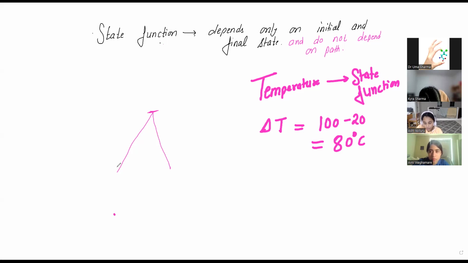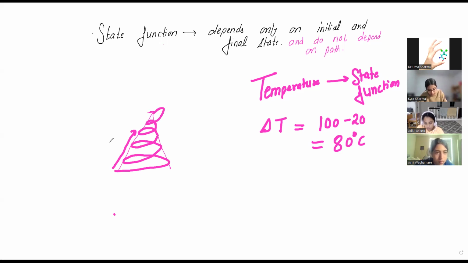One, you start climbing like this. Second, you start climbing like that, like this, in a spiral motion using a car or something. Third, you take the help of a chopper and get landed over here. Do you think the amount of work done by you three is the same or different?